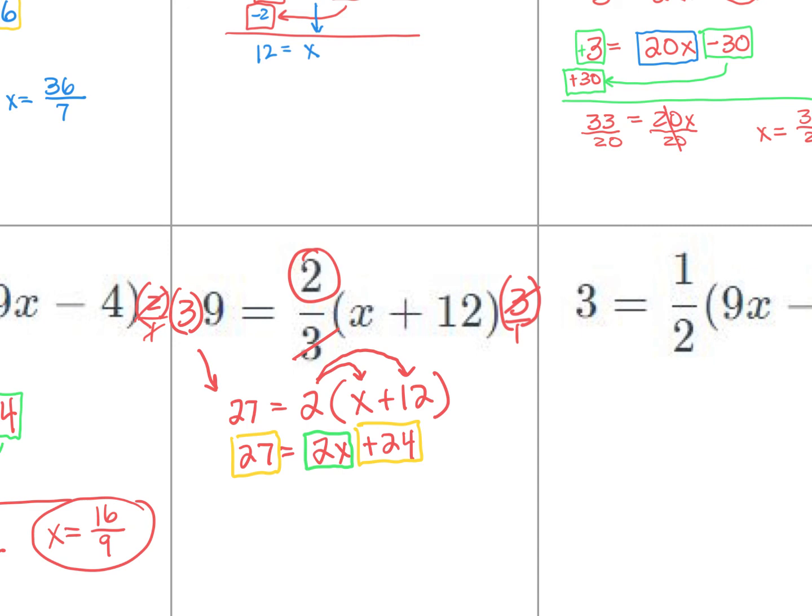If we want to solve for that green one, we've got to get this yellow team to switch sides. It becomes a negative 24 when it switches teams. And we've got 2x equals 3. Divide by 2 is the last step. And x equals 3/2.